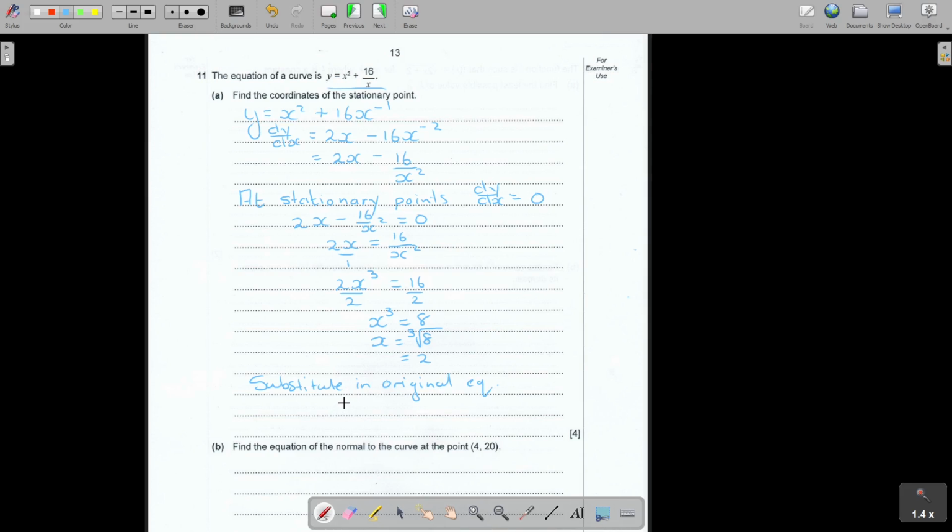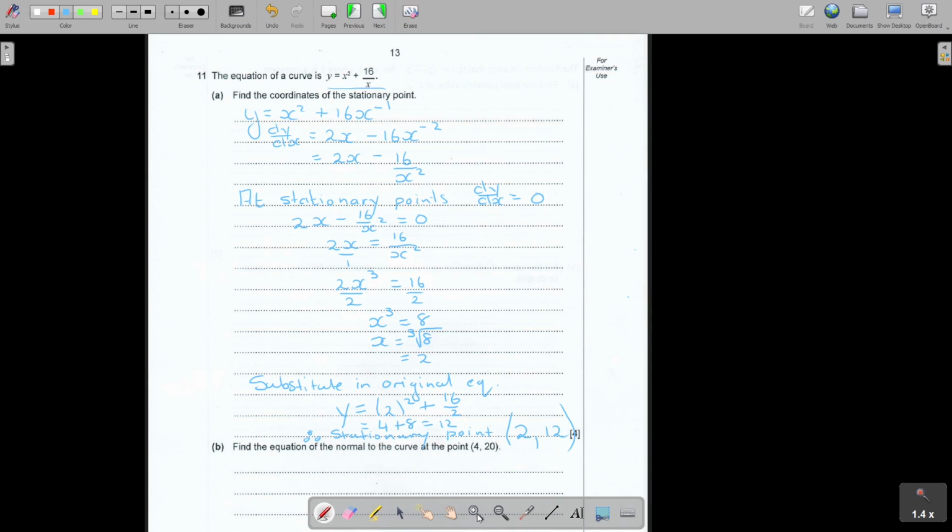I'm just going to say y is equal to 2 squared plus 16 over 2, and that's going to be 4 plus 8, and that's going to be 12. So therefore the stationary point is going to be, and I write first the 2, then the 12. Okay, and that's as easy as that.